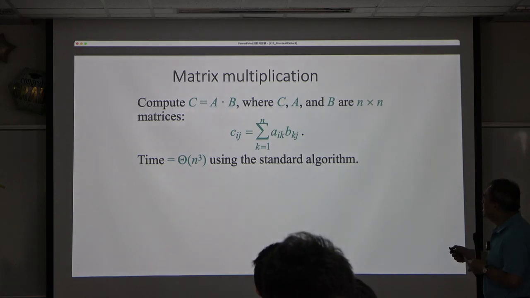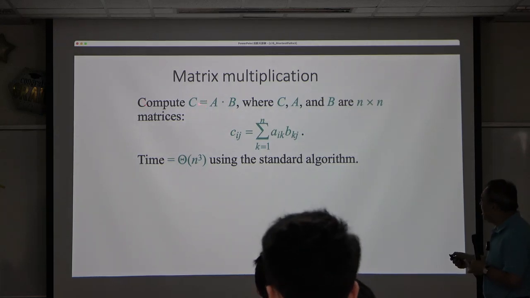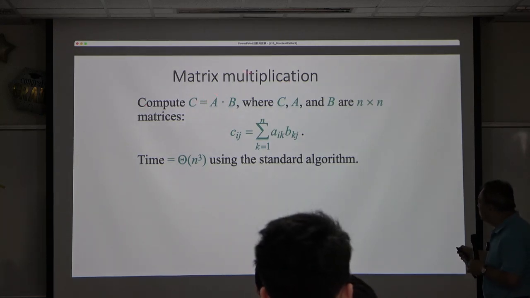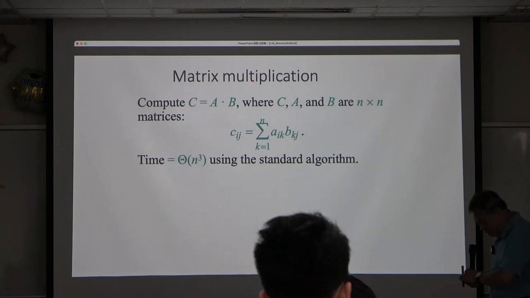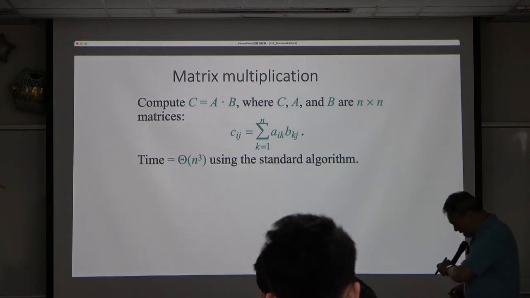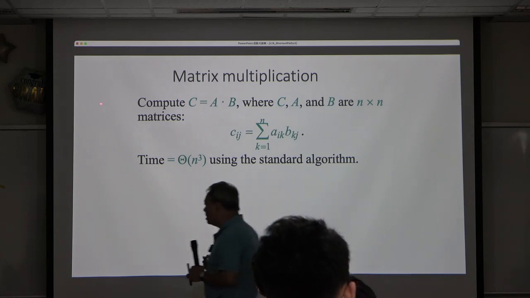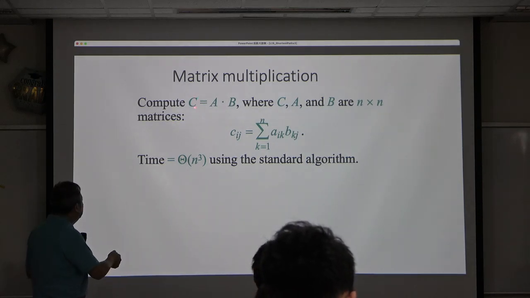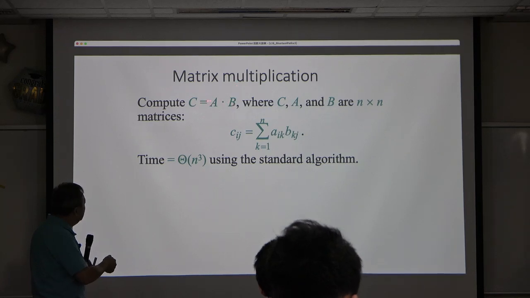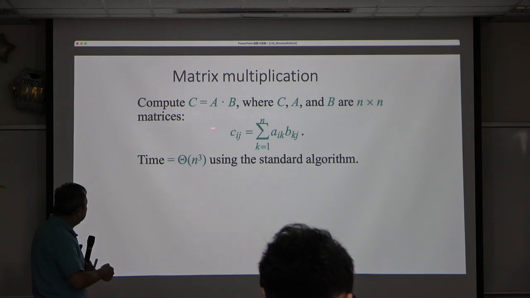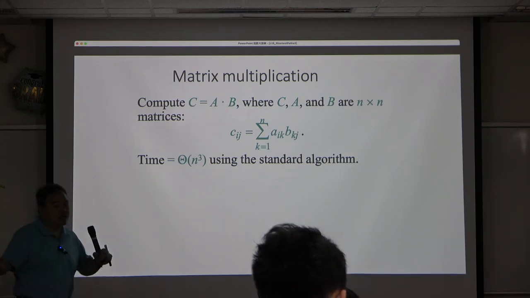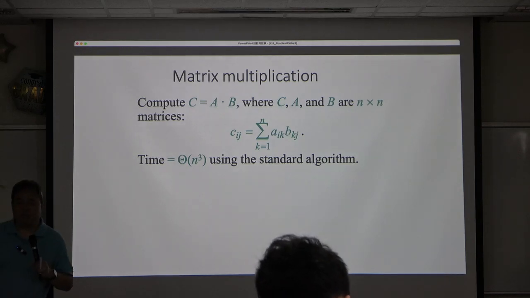when you do the matrix multiplication, this is very simple. When you compute A matrix times B matrix, if C, A, B are n by n matrices, then C_ij is going to be something like this, right? I mean, everybody knows that.